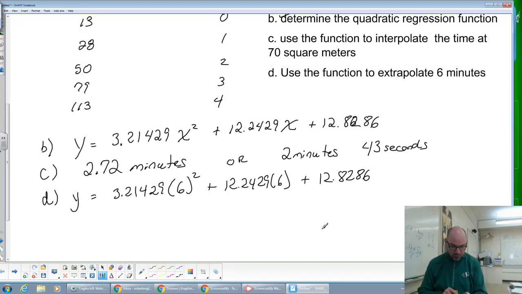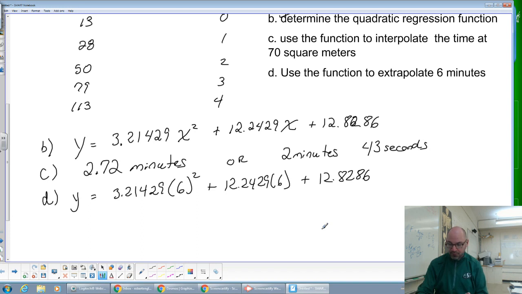So 3.21429 times 6 squared, which is 36, plus 12.2429 times 6 plus 12.8286.